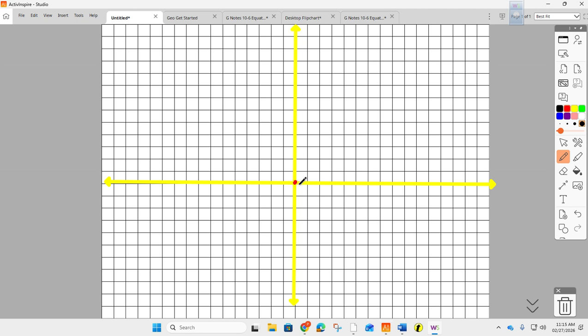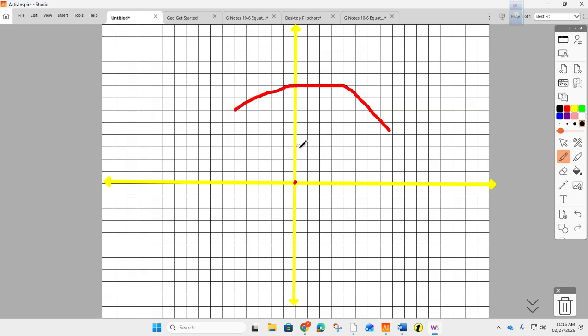So over none, and up 1, 2, 3, 4, 5, 6, 7, 8. So we know the circle goes through there. I'm not going to draw the whole thing. So how long is that radius? That is the radius, right? Does that make sense? So from this point to this point is the radius. How long is that radius?